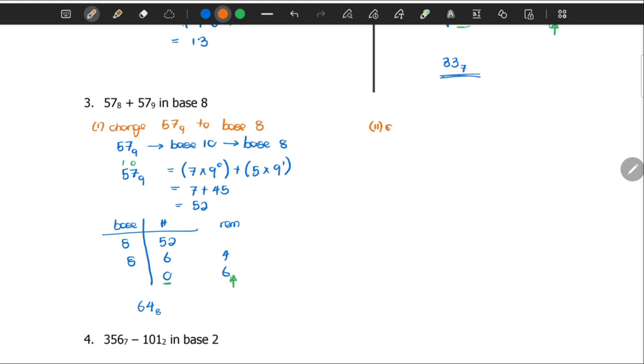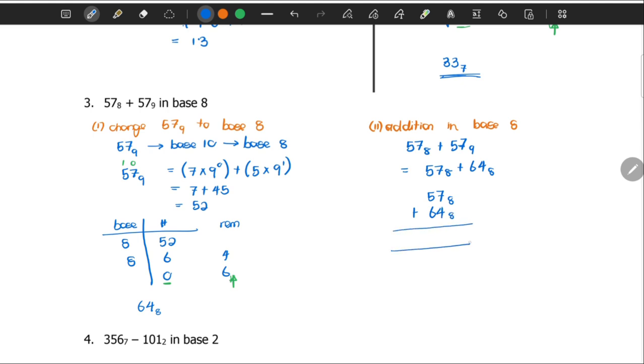So the second part will be the addition in base 8, right? So now we are computing 57 base 8 plus 57 base 9, which is equal to 57 base 8 plus 64 base 8. Now putting that in abacus form, 7 plus 4, that's 11, which is greater than 8.